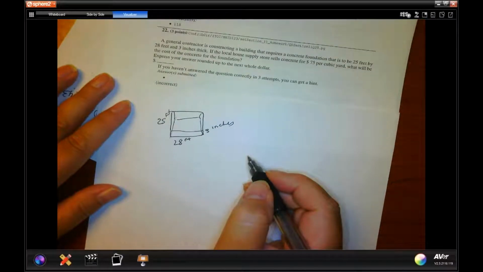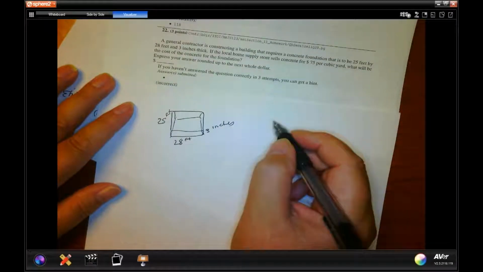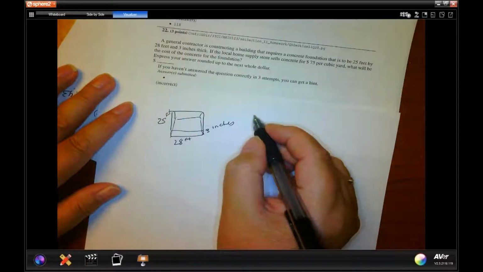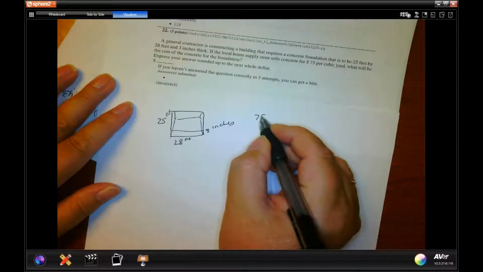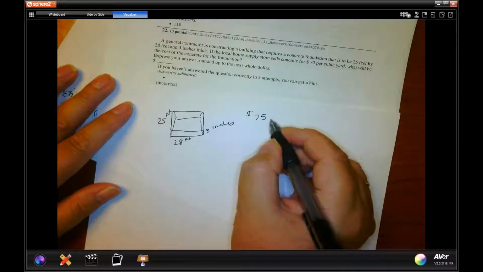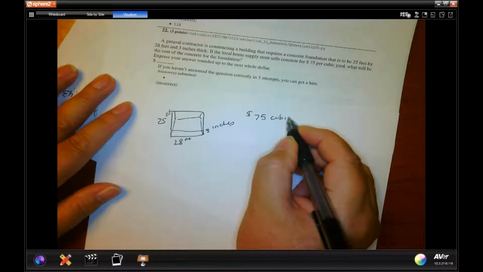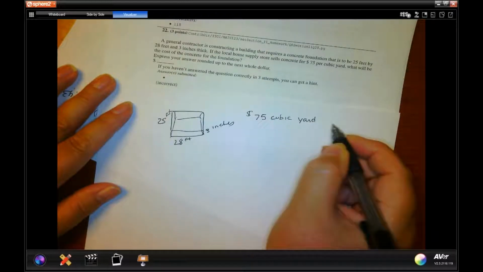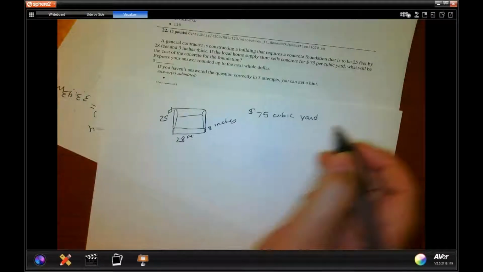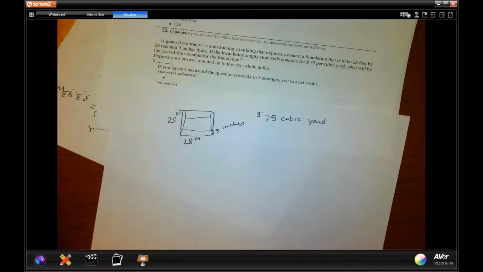Okay. If a local store, home supply store, sells concrete for $75 a cubic yard, what will the cost of the concrete be, rounded to the nearest dollar?